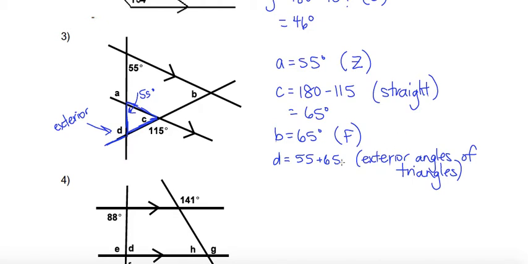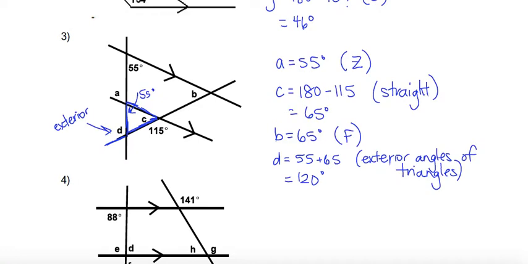So exterior angles of triangles will help us figure out what angle D is. And 55 plus 65 is equal to 120. And I'm using my degree symbols in my final answers to show that these are all degree measurements. So now I have my values of A, B, C, and D, and I used 4 different properties to figure that out. And again, if you saw a different variation of how to solve for these angles than I did, that's fine as long as you can justify your reason why that equals that measurement and that it's a correct reason.